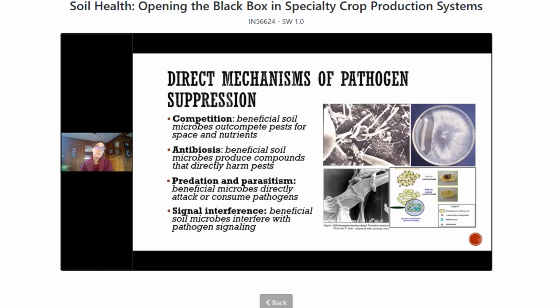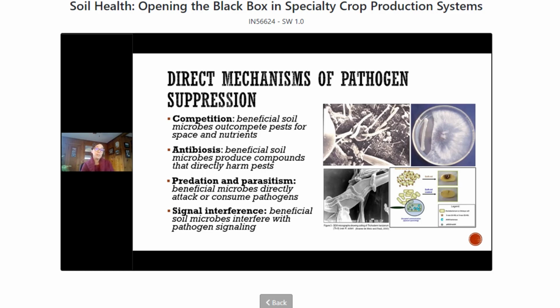So these are some of the direct mechanisms of pathogen suppression in these disease suppressive soils. So there can be competition, where all these beneficial microbes living in these soils actually outcompete the pathogens for space and nutrients, like you see in the kind of top left corner diagram with all those microbes living on a root.